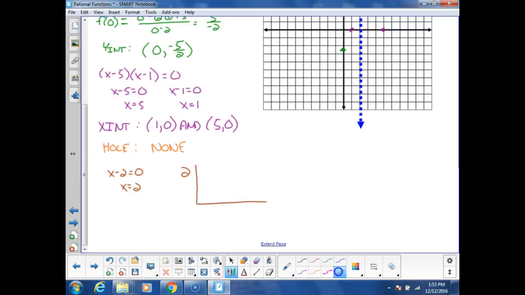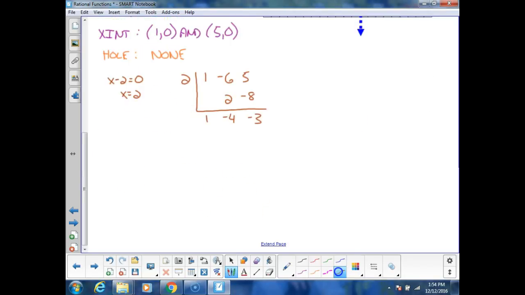My 3 coefficients are 1, -6, and 5. 1, 2, -4, -8, -3. What do I do with the remainder? Drop it. So my slant asymptote is y equals x minus 4.